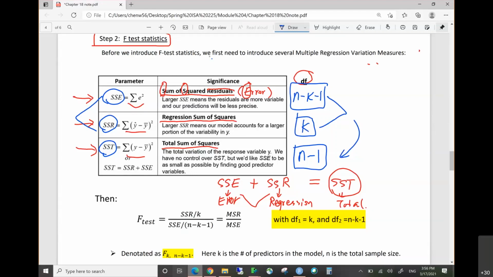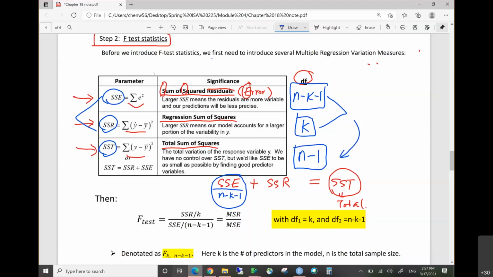All right, so now we have the relationship SSE plus SSR equals SST. And now, if I use the SSE, which is the sum of squares, divided by how many of them, the degree of freedom n minus k minus 1, we get the mean, right?